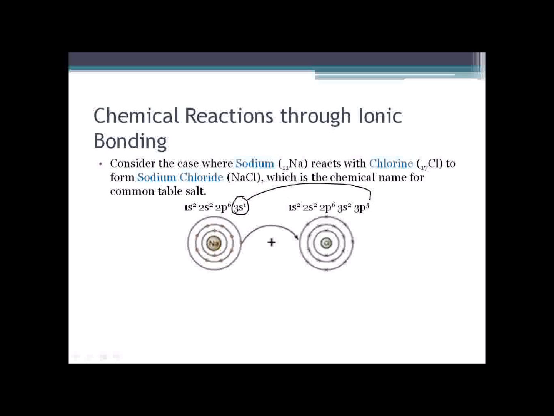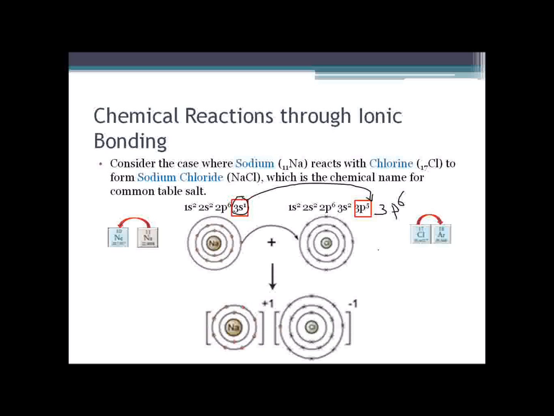So if it picks that up, that then becomes 3p6, and it's got a stable noble gas electron configuration. There it goes. Sodium loses one to look like neon. Chlorine picks one up to look like argon. Okay, so now we've got sodium with a 1+ charge. Remember, it's lost 1 electron.